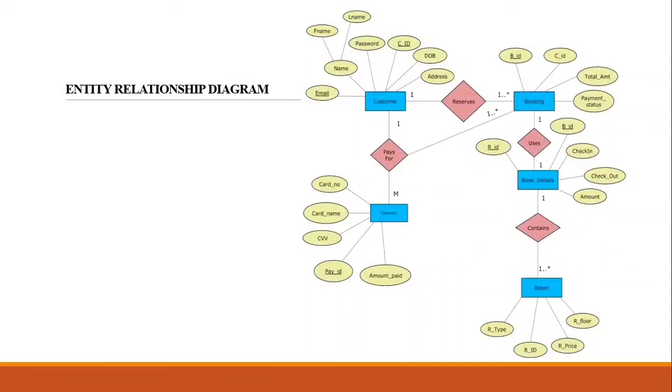As you can see, the customer has a name, password, email, ID, date of birth, and other properties. The customer reserves a booking, the booking has booking details, and the booking details contain a room. All these things are connected to each other and shown in this entity relationship diagram on this slide.